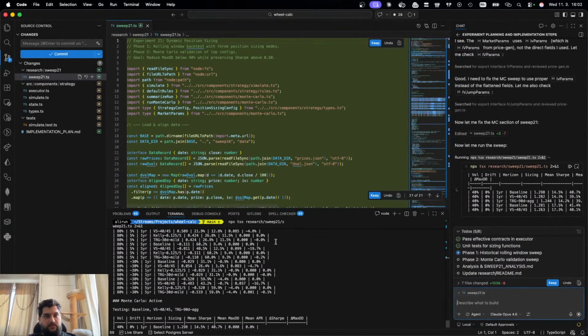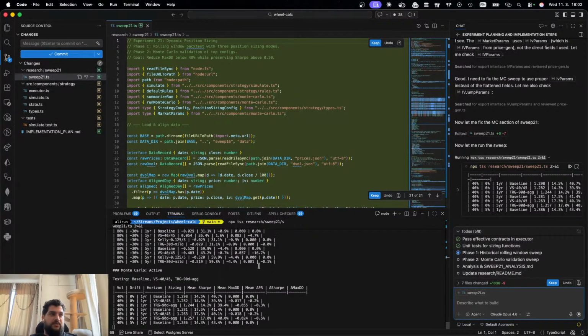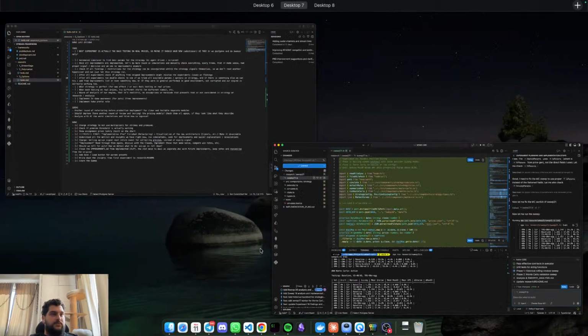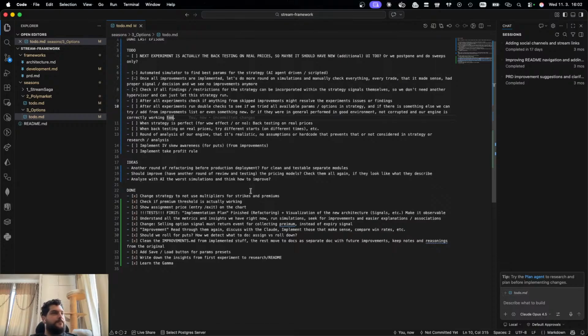Okay, I don't know how long it will take. Actually, there is no more progress bar here. Let's just hope it won't take long.